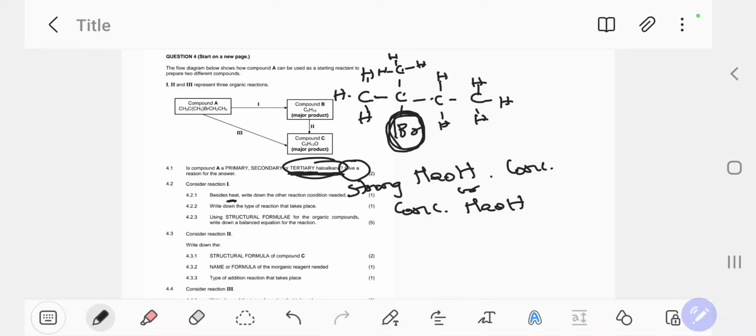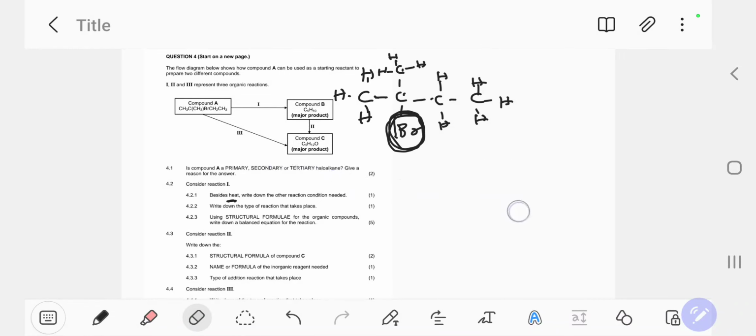Even if you write it as conc sodium hydroxide, it means it's basically strong sodium hydroxide which is concentrated. Just to create space, guys, you can write it as conc sodium hydroxide.